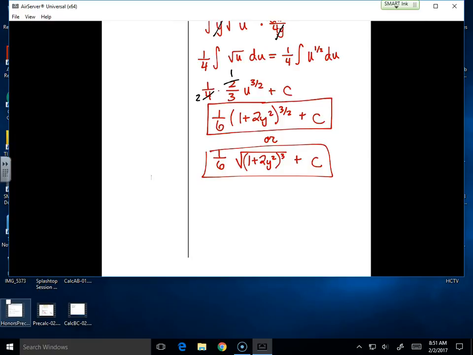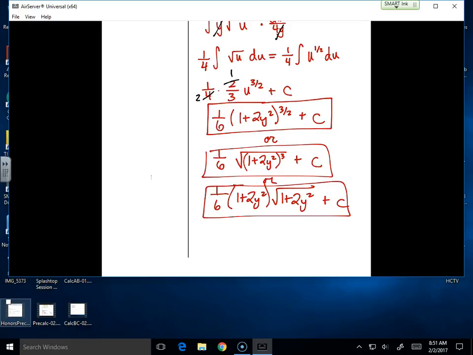Or isn't this the same thing? Now, I doubt they would show the bottom one, but still technically these are all equivalent. Because 3/2, what is that power? 1.5. Do you see the 1.5 down below? So all of them mean the exact same thing, just trying to get you ready.